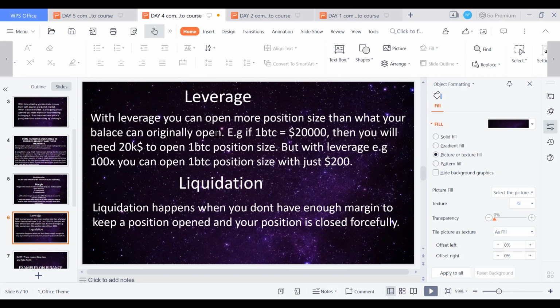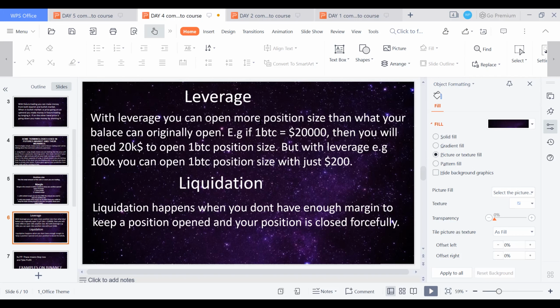Now, if one Bitcoin is $20,000, for example, you must need 20,000 to open one Bitcoin position size, right? You must need 20,000 margin. You understand?